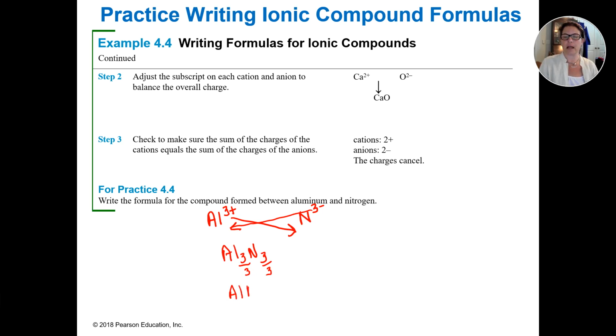So just AlN. So now let's do this with aluminum and oxygen ion. I'm still going to do my switcheroo. So I'm just going to have Al2O3. And that's it.